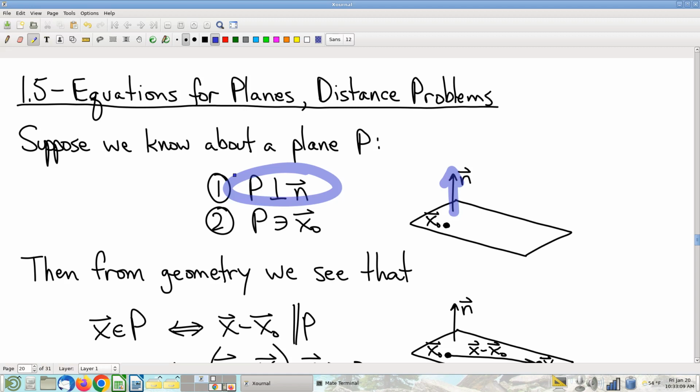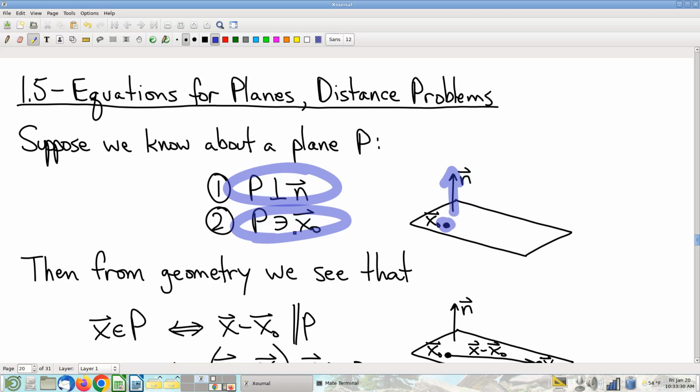Importantly, perpendicular, not orthogonal. I can't use the zero vector. It's no good. I need it to be non-zero, right? And then a point that's in the plane. Okay. All right, so that's the plane I'm talking about.